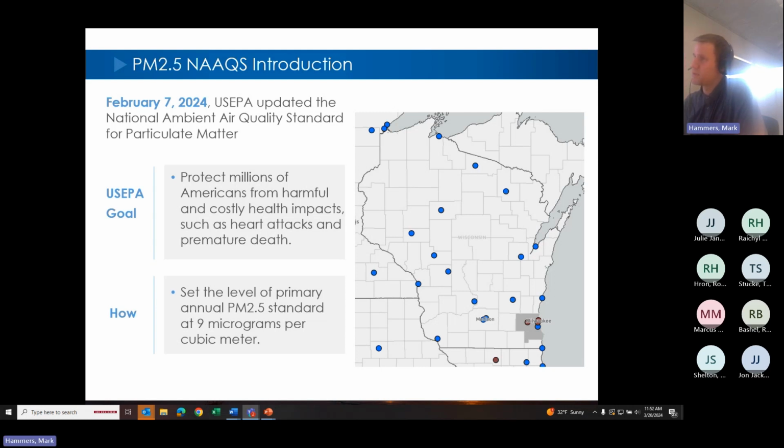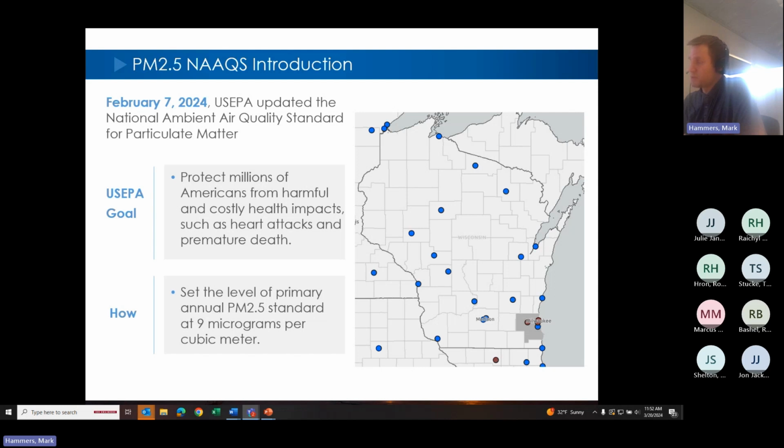So what EPA has done on February 7th is they updated the PM2.5 NAAQS. They lowered it from 12 micrograms per cubic meter down to 9 micrograms per cubic meter. They did not update the primary and secondary 24-hour PM2.5 standard.